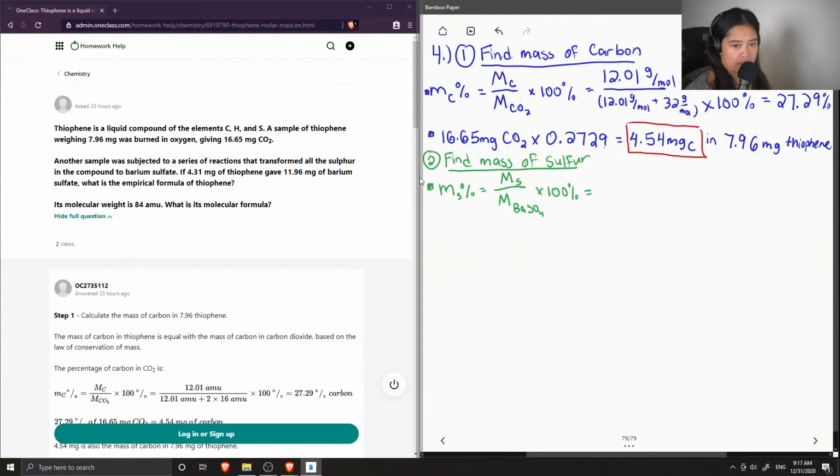So the molar mass of sulfur is 32 grams per mole, and the total molar mass of barium sulfate is 233.38 grams per mole.